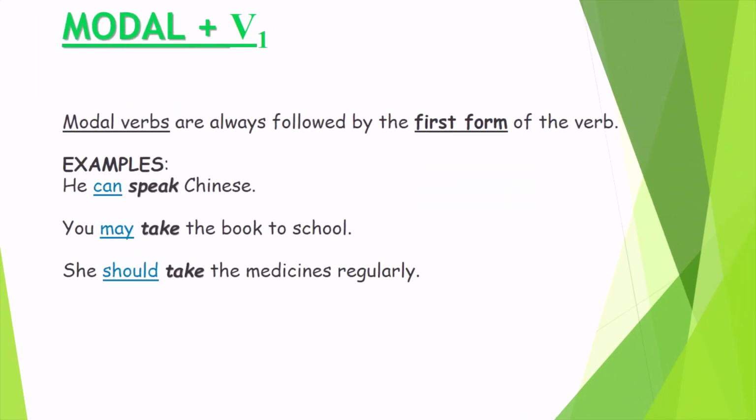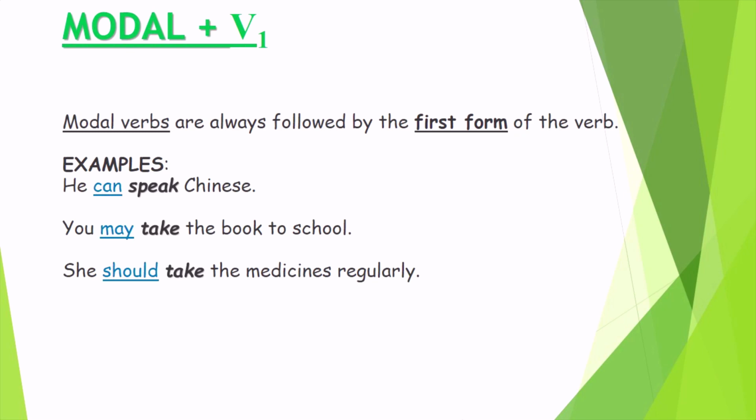Next we have examples of how to use the modals. Modals are generally used as helping verbs only. So in a sentence where you are using a modal, you cannot use the helping verb of tense. Like I have used the sentence, he can speak Chinese.